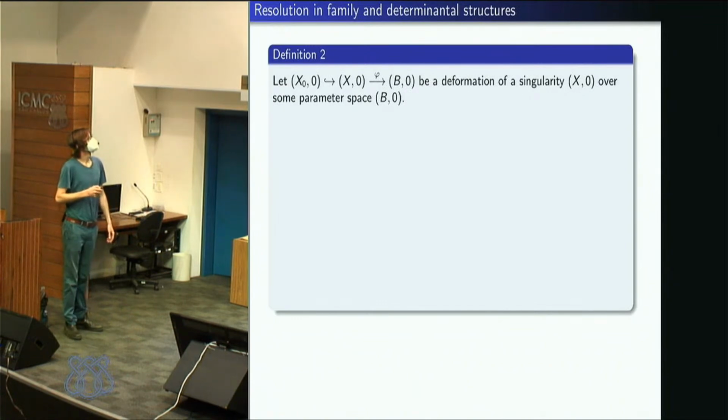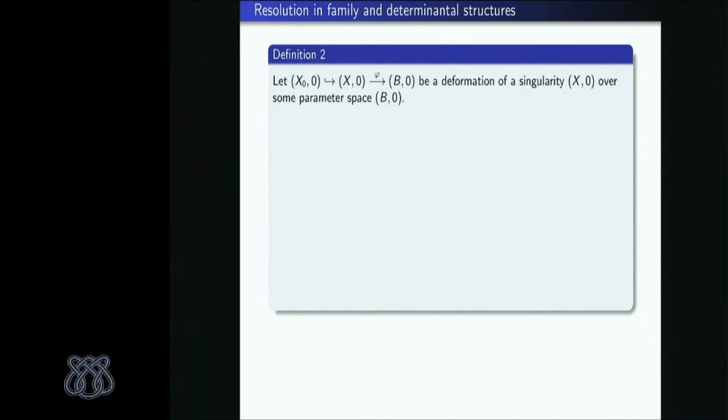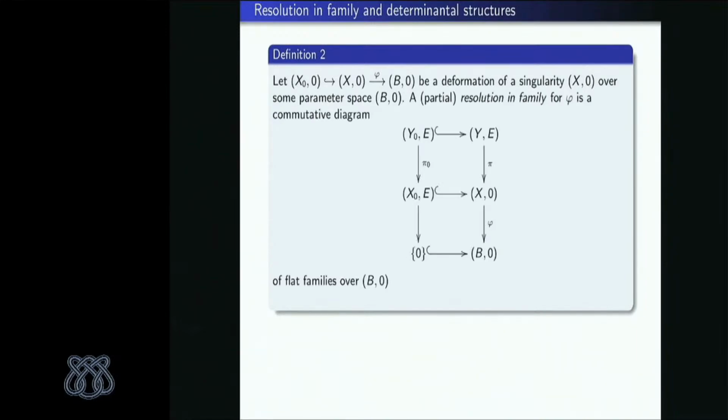So let this be a deformation of X0, some singularity X, over a parameter space B. We have seen this several times. And then I say that a resolution in family, or a partial resolution in family, is such a diagram.